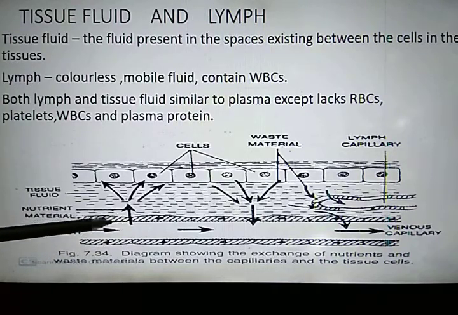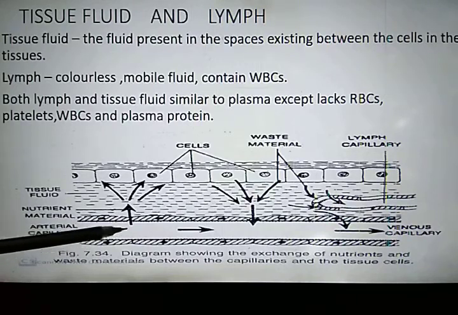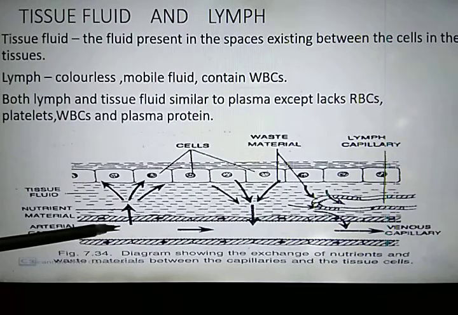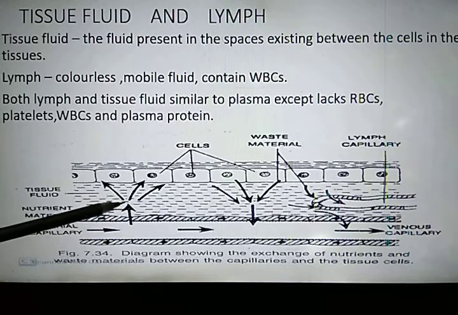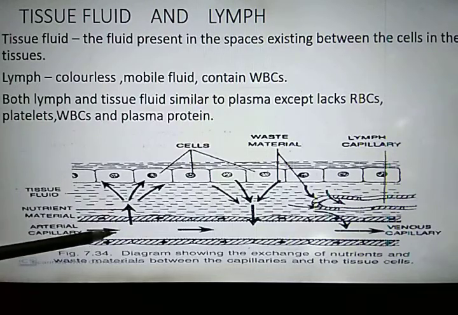Now all the substances like glucose, carbon dioxide, electrolytes, amino acids, fatty acids, they ooze out from this blood capillary into the tissue fluid. And what remains inside the arterial capillary? RBC, platelets, WBC and large size plasma protein.